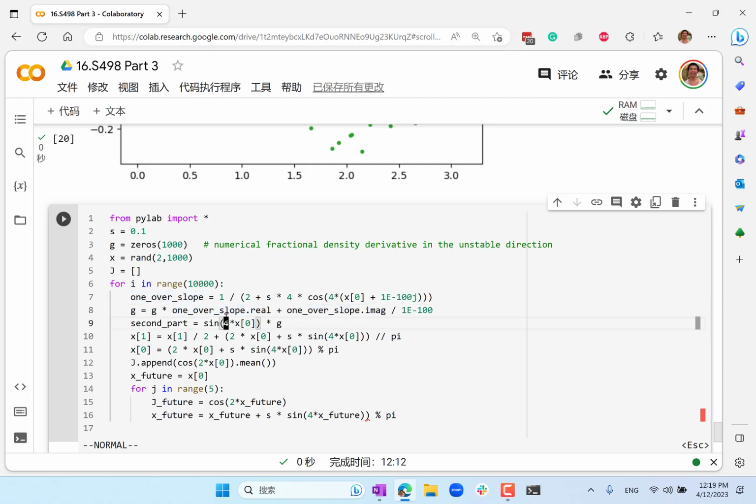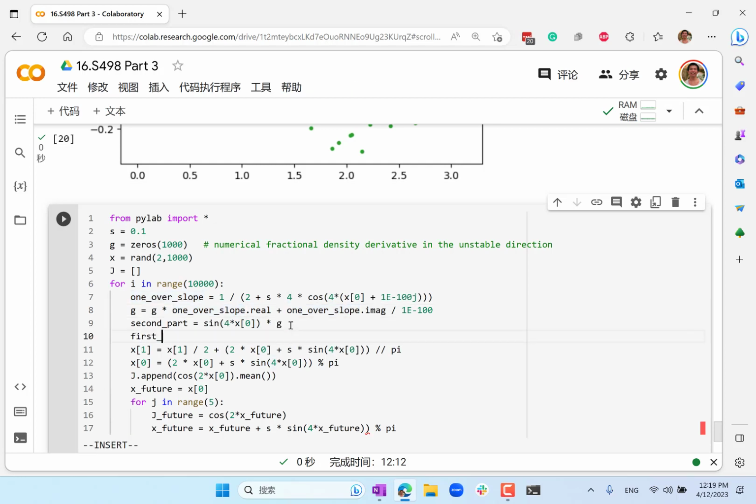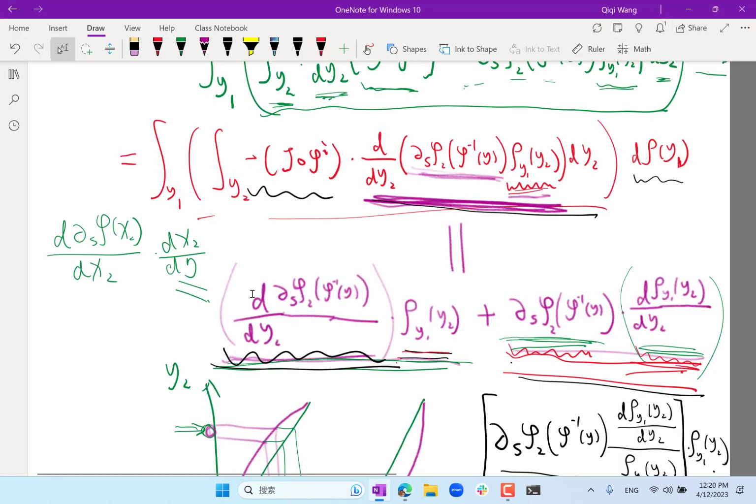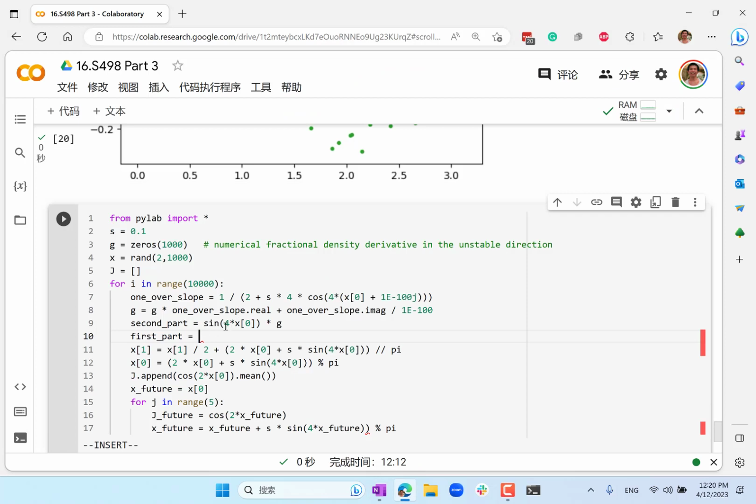Let me see, second part, the first part is equal to the derivative of the perturbation. The perturbation is sine of this, so derivative is 4 times cosine of 4 times x0.